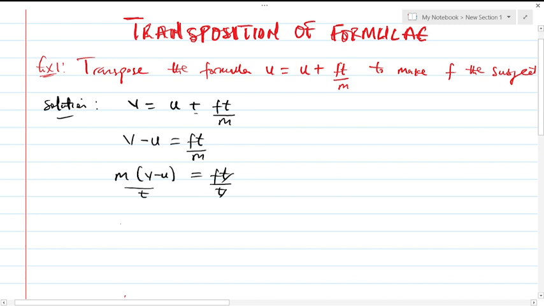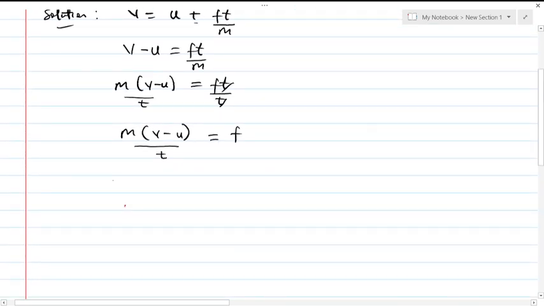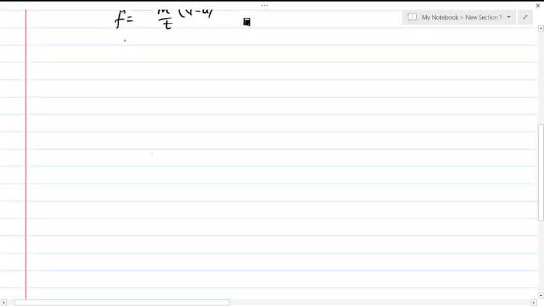So we have M bracket V minus U over T equals F. So another way around, we have F equals M over T bracket V minus U. Solution complete. Alright, you have enough examples in order to understand the concept better.